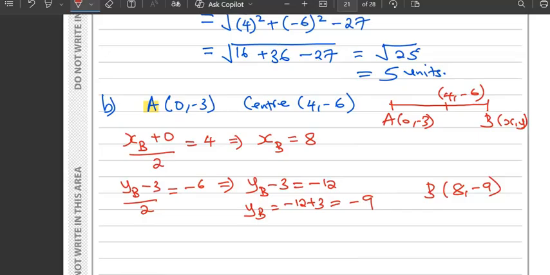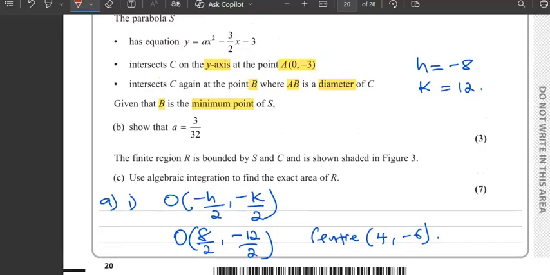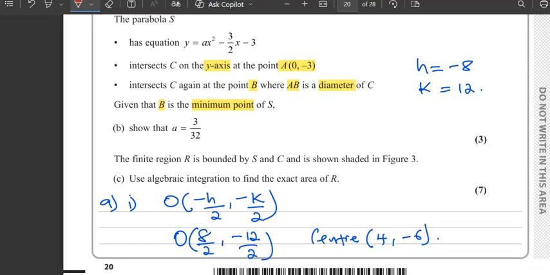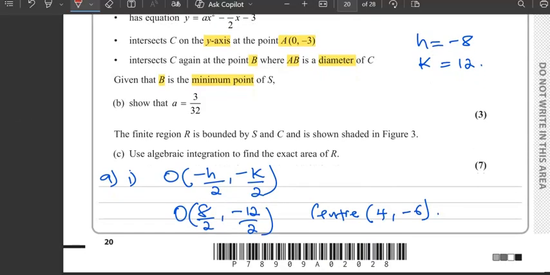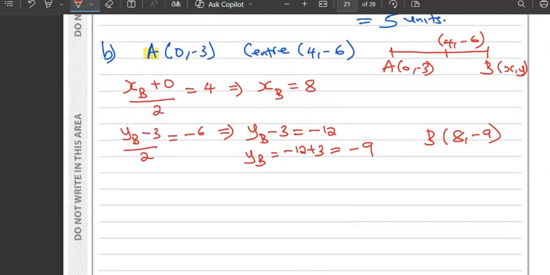Number 2, based on what we have, back to the question. It says that the parabola S has equation y equals ax squared plus 3 over 2 x minus 3, and it also denotes that B is the minimum point of S. So the equation of the parabola is here.